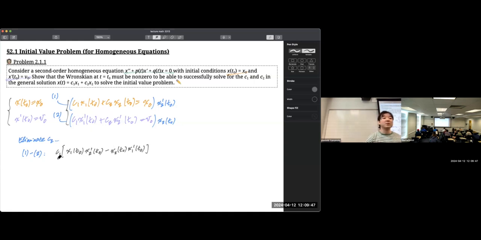They both have C1, so that's why I factored out the C1 right away.